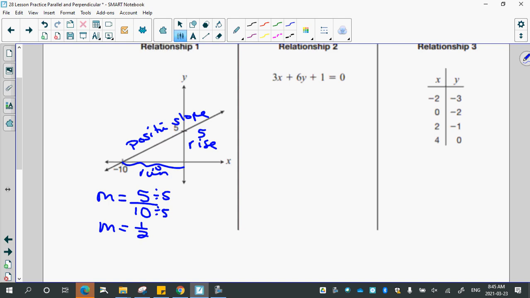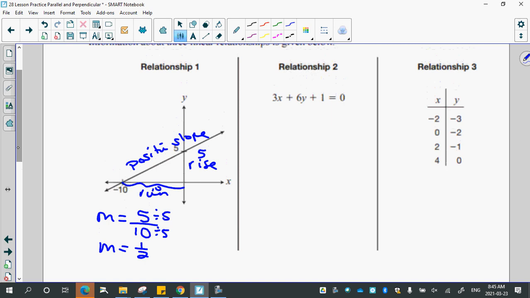All right, the second one, as I was walking around, most people decided to get y by itself here. Can you technically turn 1/2 into 0.5? Yes, you could do that as well. So create 0 pairs. 6y is equal to negative 3x minus 1. So I can already tell that this one's going to have a negative slope. So they can't be the same. So all 3 is out.